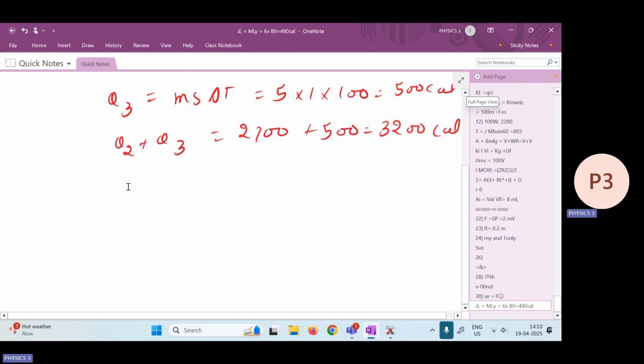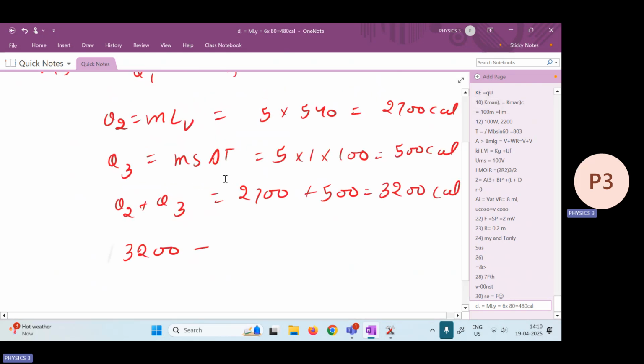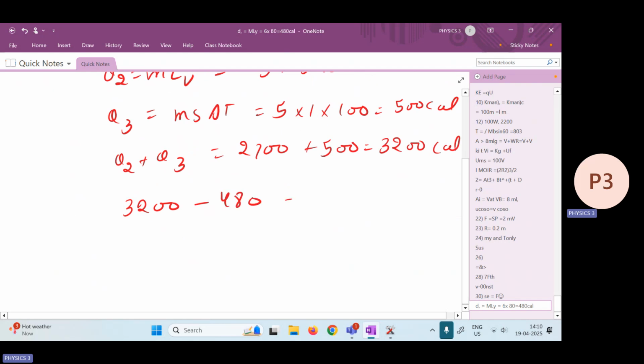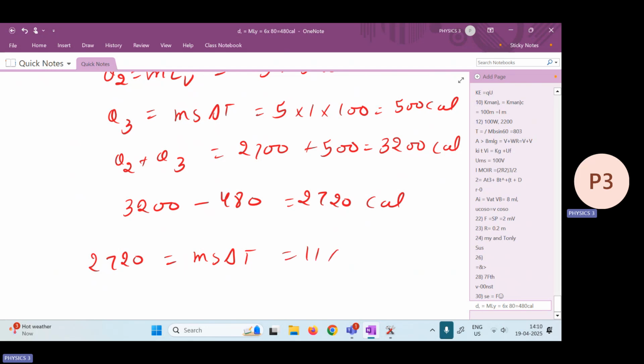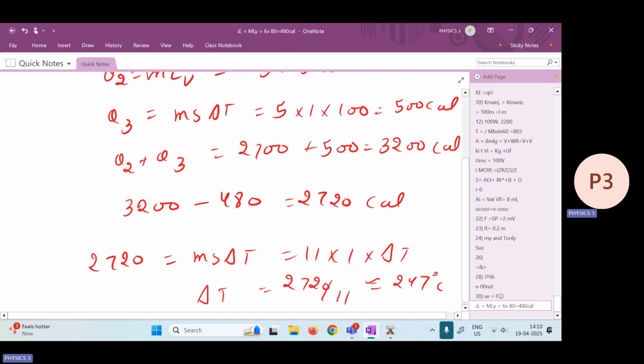If all of the ice is converted, the remaining heat would be 3200 minus 480, that will be 2720 calorie. That heat will be used to raise the temperature of the whole mass. As complete ice melts, the total mass becomes 11 grams. So 11 into 1 into delta T, so delta T will be 2720 on 11. If you solve this, you will get approximately 247 degrees centigrade.